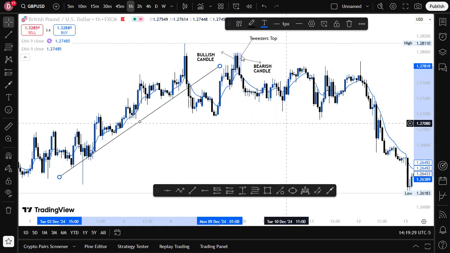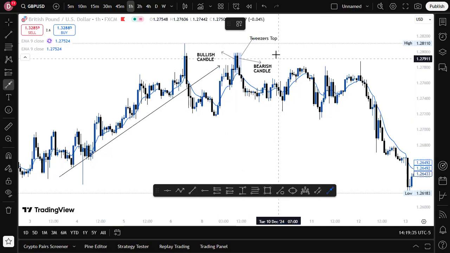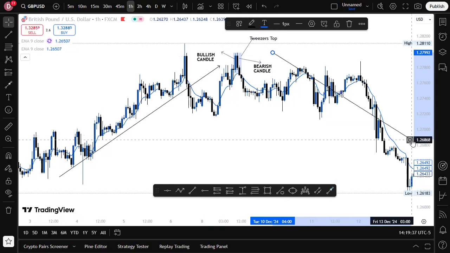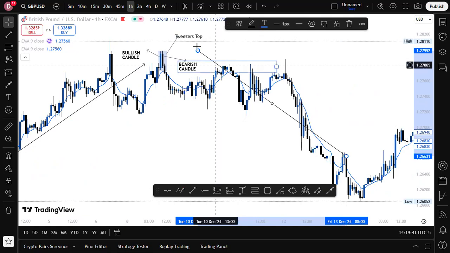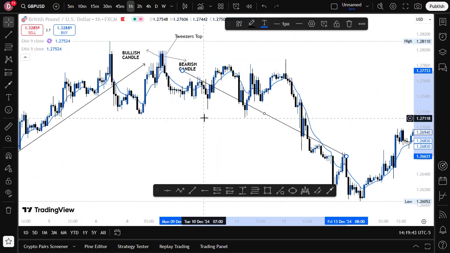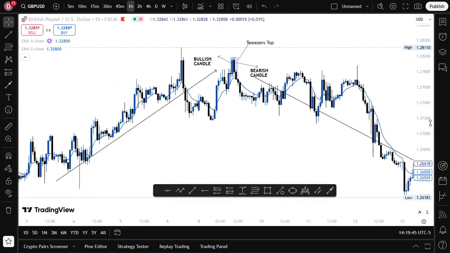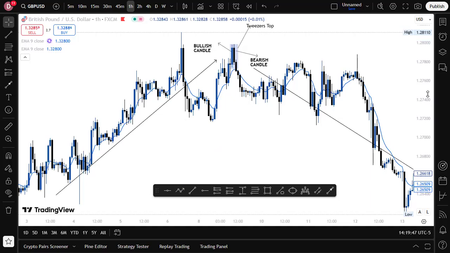And the moment the tweezer top happened in the market, if you notice, the price started pulling down after the pattern happened. So you can see it's a very strong reversal pattern. The tweezer top pattern is considered a bearish reversal pattern which occurs at the top of an uptrend.